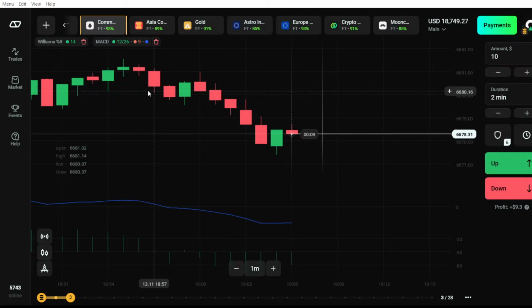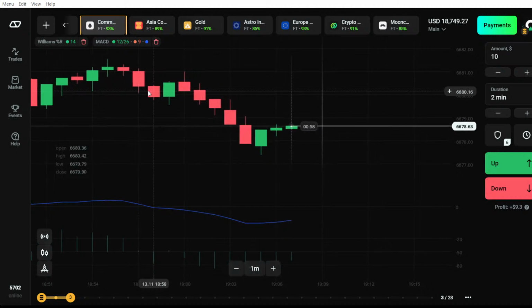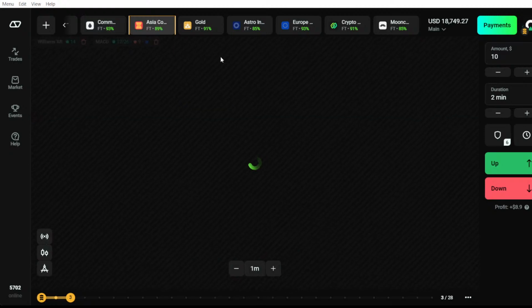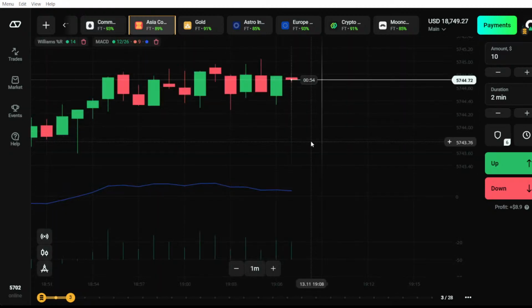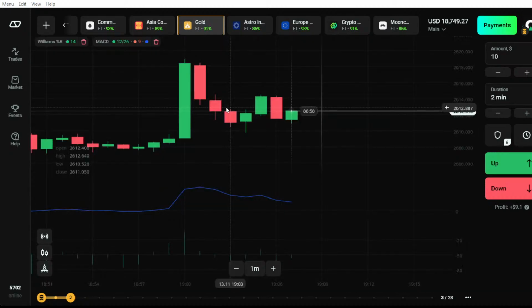So how can you use the martingale, in layman language, in simple words? Just suppose you took the first trade for $10. Of course, if that is going to be on the negative side, you will be doubling up the amount. The second trade will be for $20. If that trade is on the negative side, so 20 plus 10 is 30, the next trade would be for $60. If that is negative, I'll combine everything, and then I'll keep on doubling up.